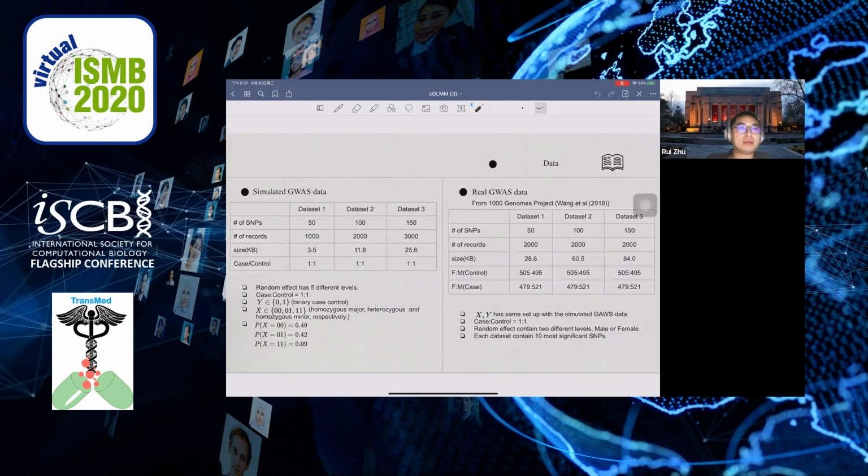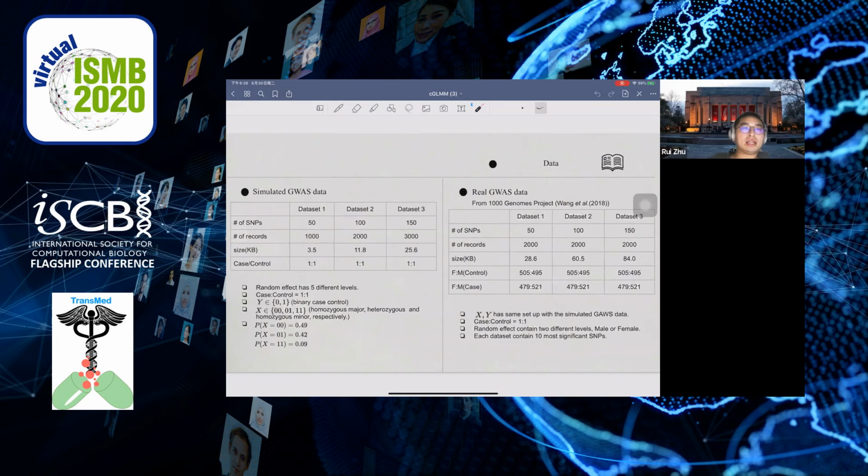We did the experiment in two parts, simulated data and real GWAS data. For the simulated GWAS data, the data set has one random effect with 5 different levels. We simulated 3 data sets with different numbers of SNPs: 50, 100, and 150. Response Y is 0 or 1, which is binary case-control.